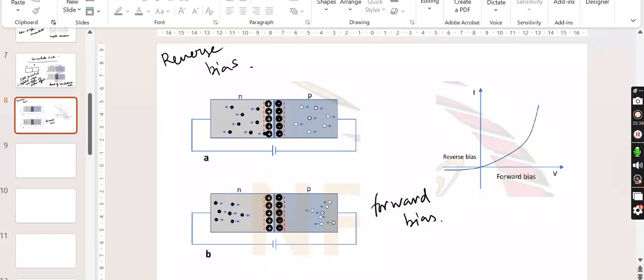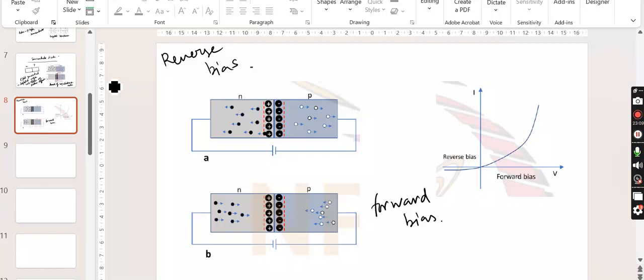In the reverse bias situation, the N side is connected to the positive terminal of the battery and the P side is connected to the negative terminal of the battery. The remaining electrons, which cannot diffuse to the P side because of the depletion region field, will now go in the opposite direction, towards the battery.